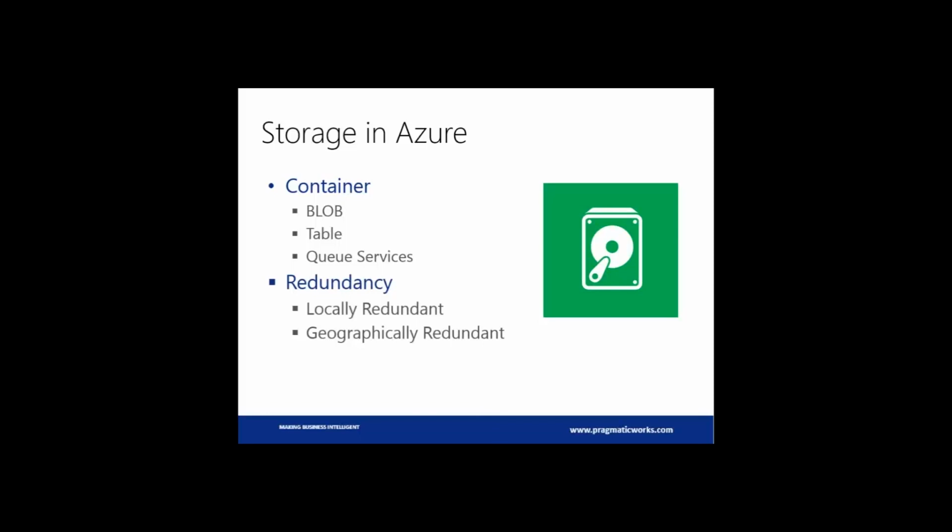When you create a storage container in Azure, you can choose redundancy. So when you're creating something in Azure, you choose what location it's going to go to. And we're going to see this when we create a VM in just a few minutes. So you can choose a data center or a region.